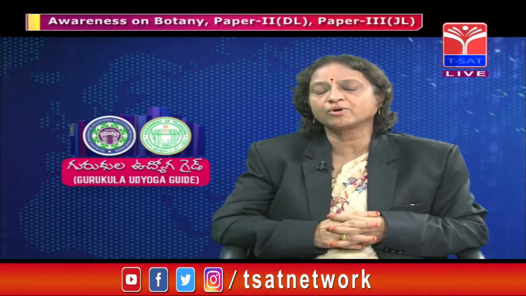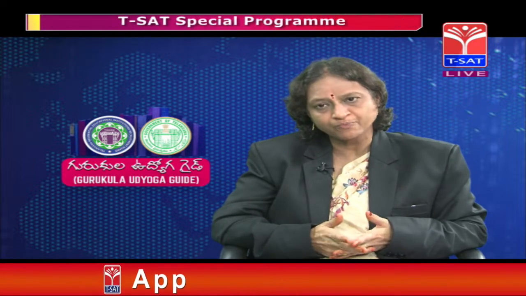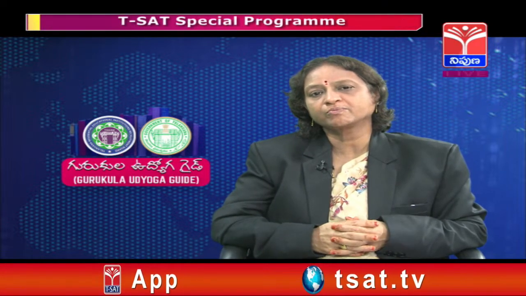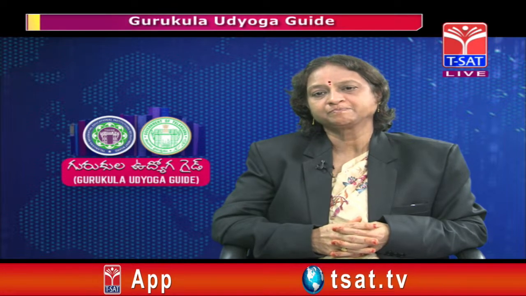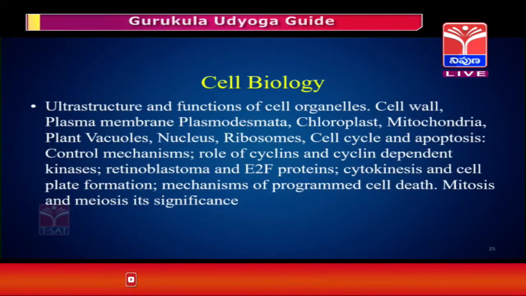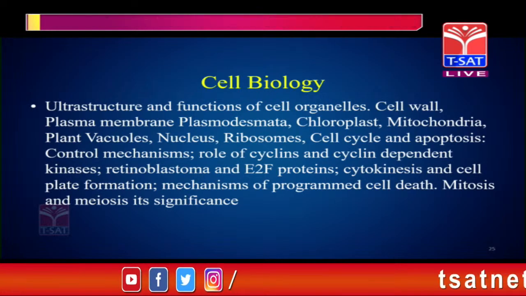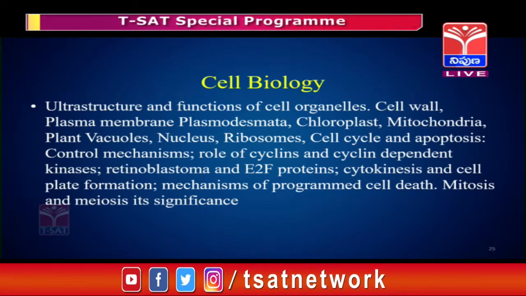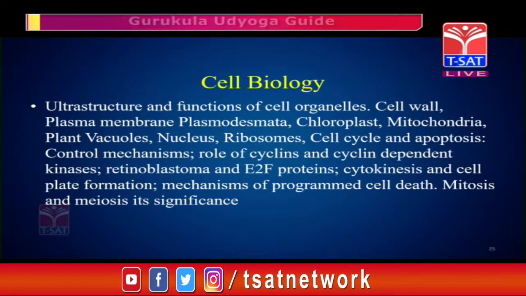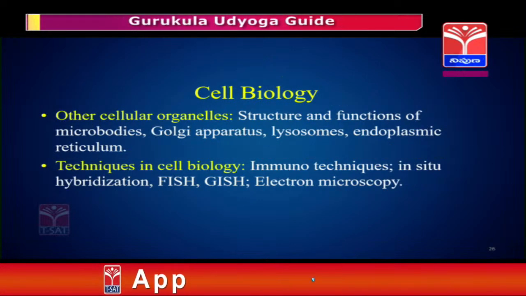Especially since this is botanical sciences, you have to understand the cell wall composition, cell membrane, what organelles are there, then cell cycle, apoptosis, that is cell death, and control mechanisms, then mitosis, meiosis and their significance.